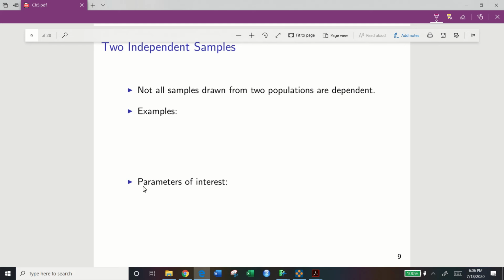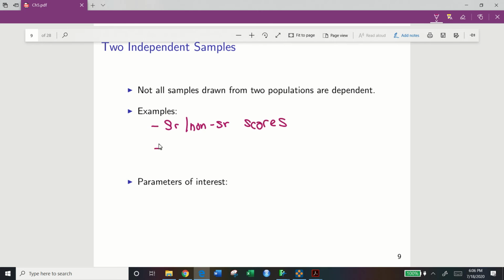Okay, so to start off talking about our 2 independent samples, no surprise, but not all samples drawn from 2 populations are dependent. In fact, the majority of them are not. Some examples of this could be seniors versus non-senior scores in this class.